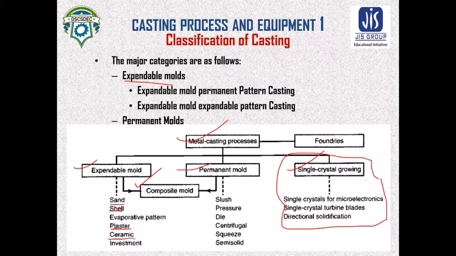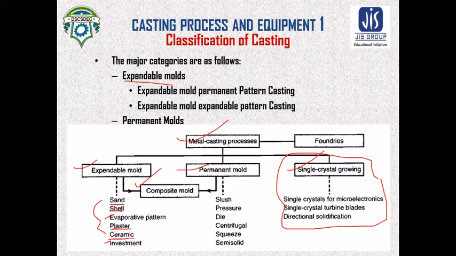These are the examples of expandable mold permanent pattern casting. And evaporative pattern casting and investment casting are the types of expandable pattern casting.